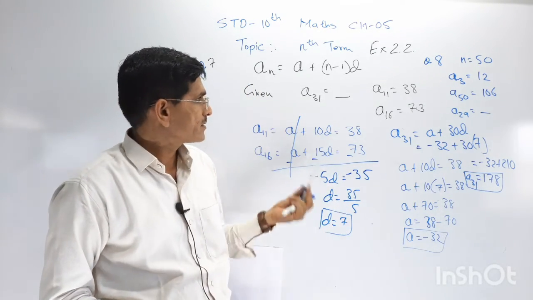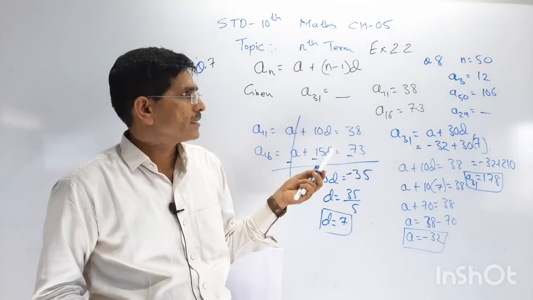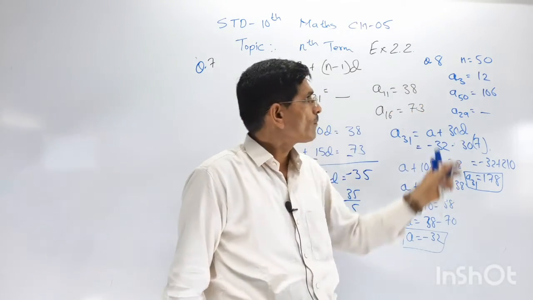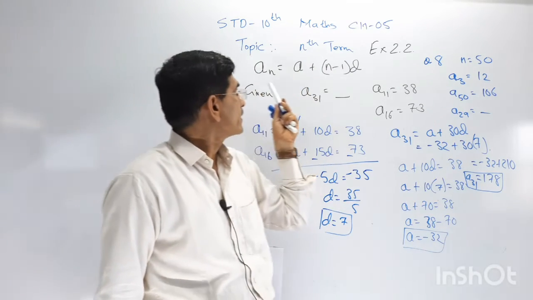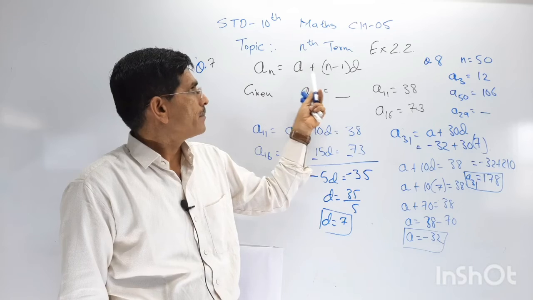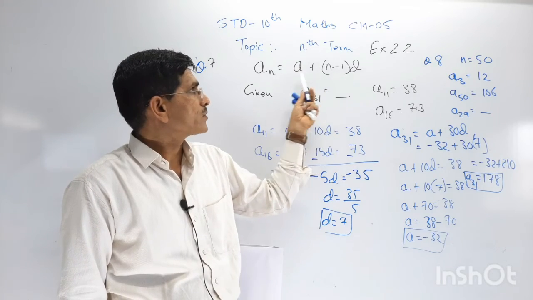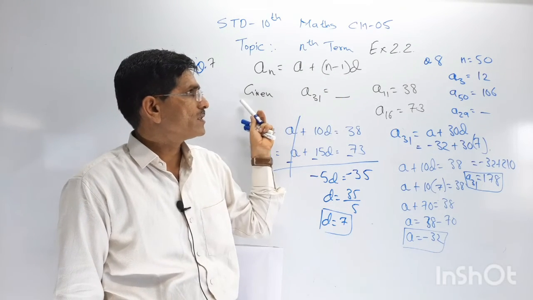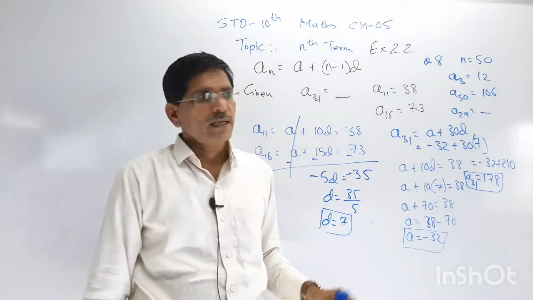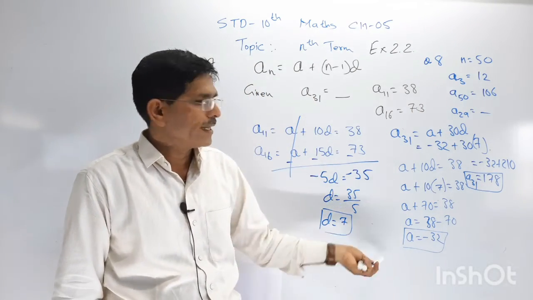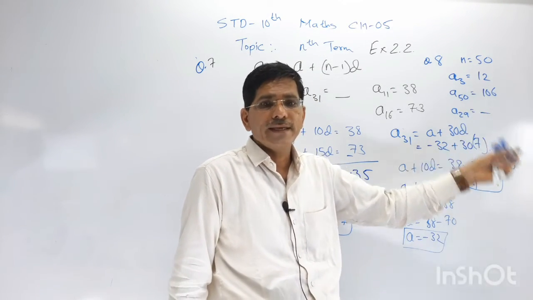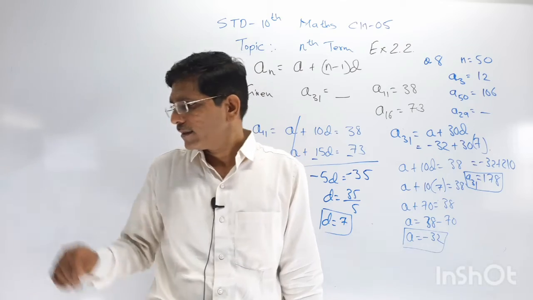A3 is A plus 2D, and A50, that is n is 50, is A plus 49D. So A plus 49D is equal to 106 and A plus 2D is equal to 12. Again by the elimination method you have to find A and D and then put A and D in A plus 28D. You will get the answer.